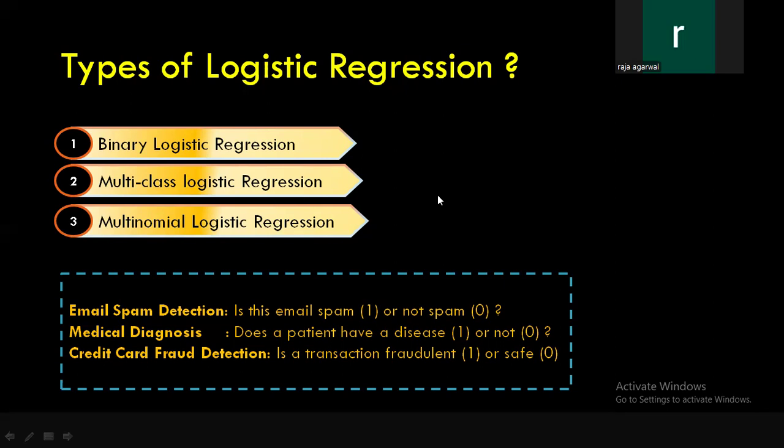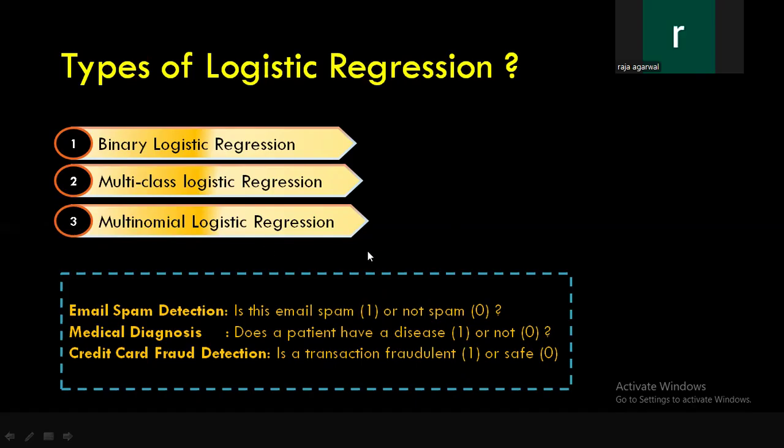In multi-class logistic regression, the target categorical variable will contain more than two classes. So predicting one of the possible classes out of the multiple classes is what multi-class logistic regression is. The next one is multinomial logistic regression. It is similar to multi-class, but it handles cases where outcomes are not mutually exclusive.